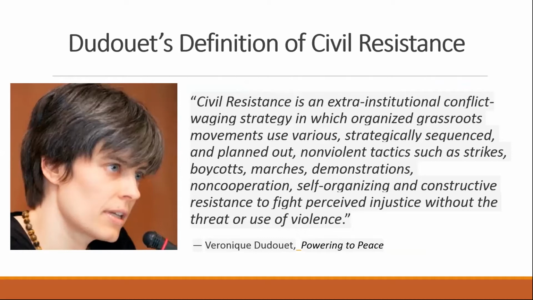So this is a mode of struggle with a high level of nonviolent discipline among the movement. It's predominantly a nonviolent form of struggle, and that makes it distinct not only from normal institutional channels, but certainly from terrorism or armed struggle and guerrilla warfare. So keeping that in mind, we can think of many cases where this mode of conflict has been used by a wide variety of groups.